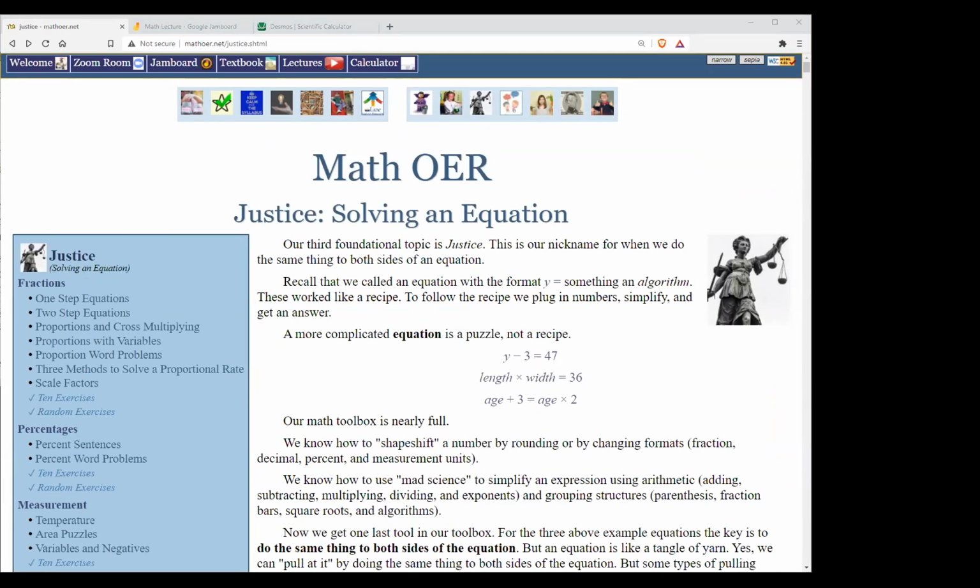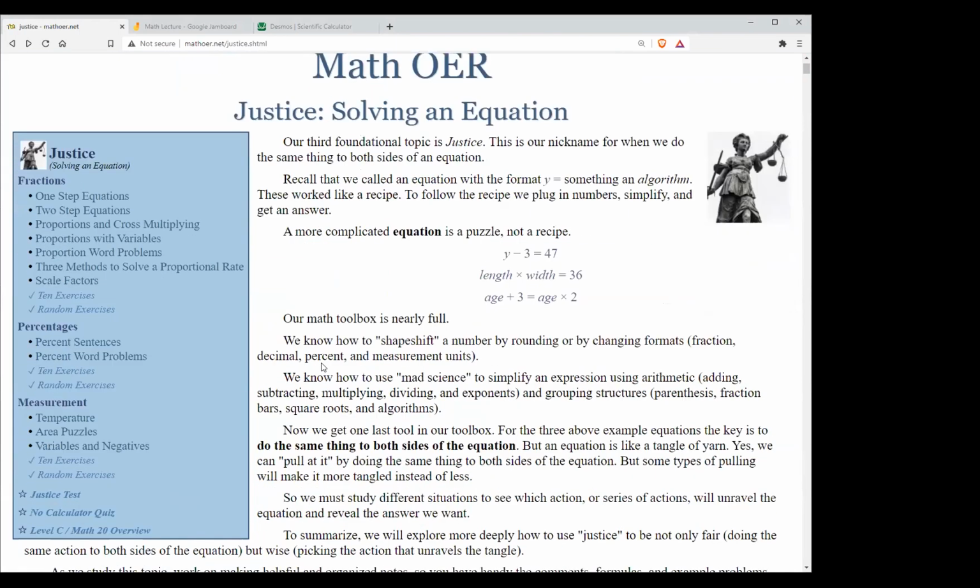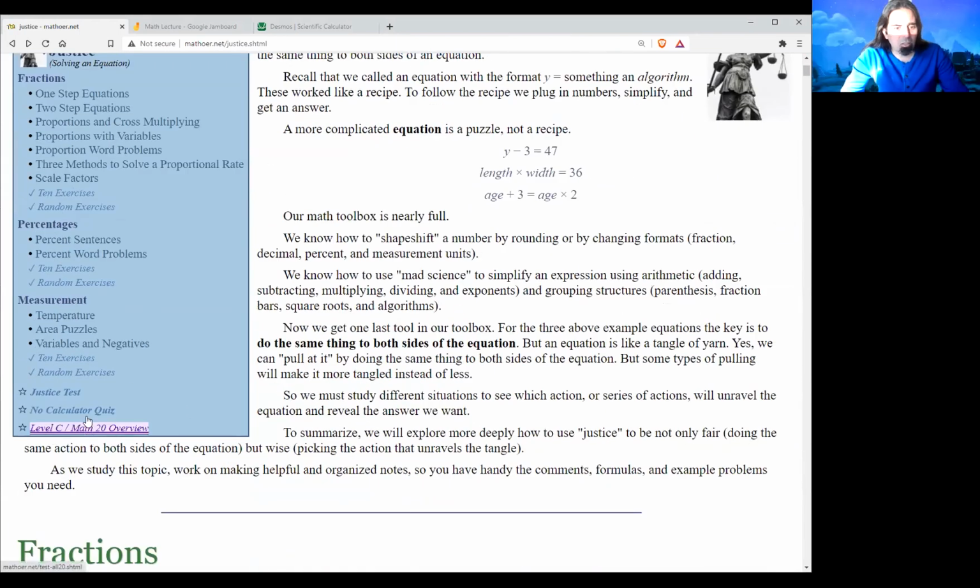For the final, are we able to use our notes? Yes. Okay, now it says level C and math 20 overview.